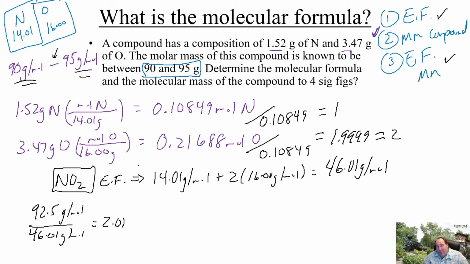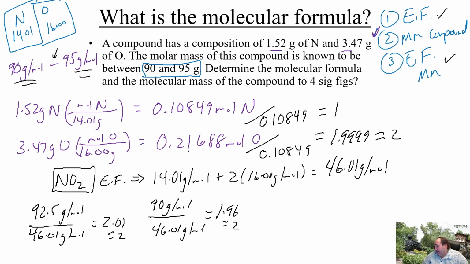Let's say we used the lower end, and we just use 90 grams per mole divided by 46.01. That gives us about 1.96, which is pretty close to 2. Same thing here, pretty close to 2.